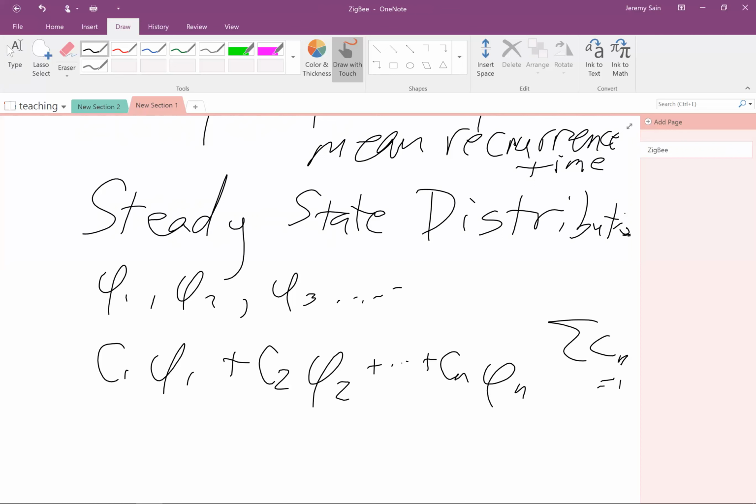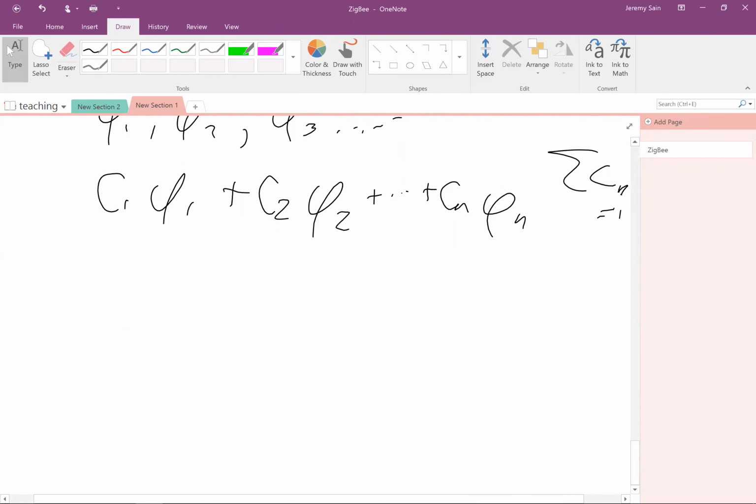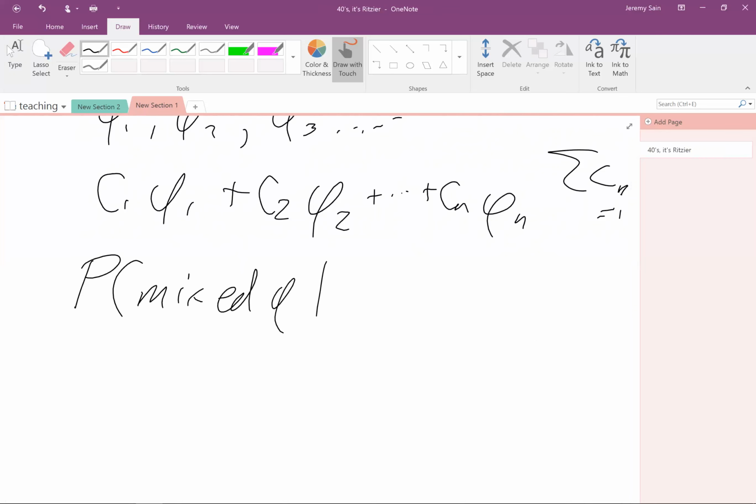Why is this an interesting thing to do? Well, the reason is because there is a steady state. That's the main reason you want to do this. But just by extending linearly, or I guess affinely, you can find the probability also for mixed states. So that you wind up in some mixed phi given some other mixed state psi.